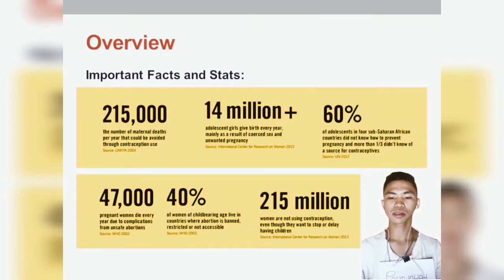Millions of adolescent girls give birth every year, usually as a result of coerced sex and unwanted pregnancies. In addition, 40% of women of childbearing age live in countries where abortion is banned, restricted, or not accessible. These are just a few of the facts and stats that shine a light on the state of sexual and reproductive health.